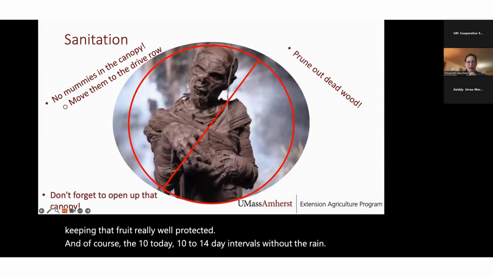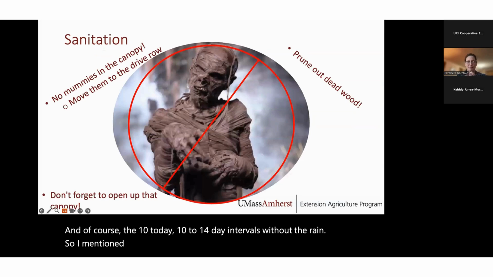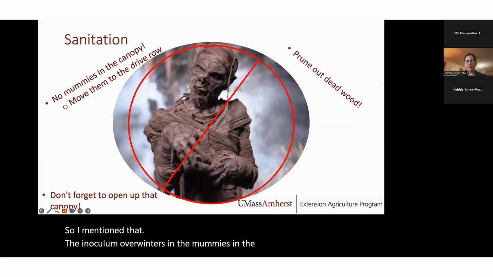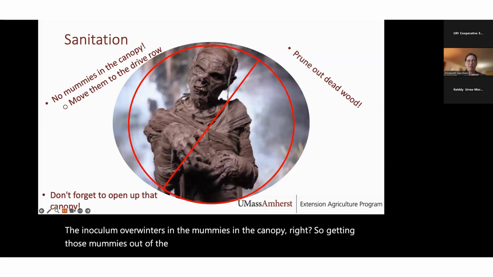So I mentioned that the inoculum overwinters in the mummies in the canopy, right? So getting those mummies out of the canopy is a really important way of reducing your disease pressure.